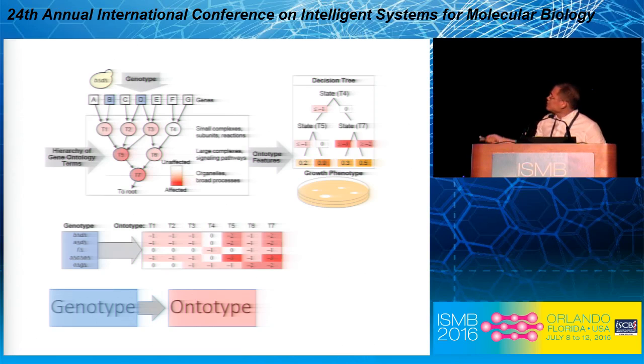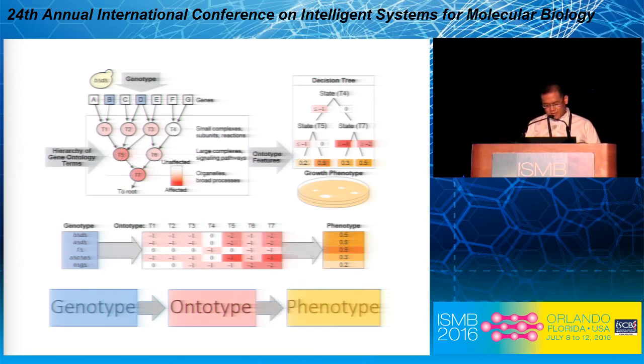In this case, what we use is random forest, which consists of many decision trees that ask logical tests about the states of these terms in the ontotype in order to predict the phenotype. So zooming back out, the overall procedure is that we take genotypes, transform them into this concept of ontotype, and then use machine learning to associate it to phenotype.